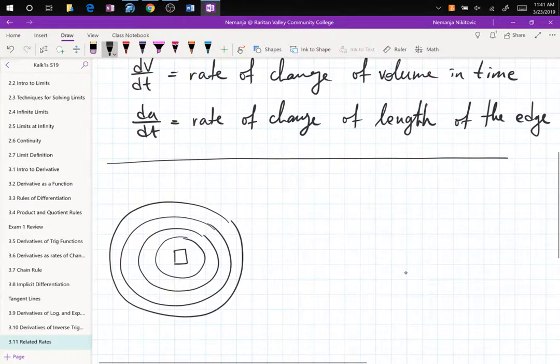In time, the longer you wait, the more cleanup you have to do, because it spreads. And it doesn't spread linearly either, right? It's because the circle on the outside has a bigger area in this ring than this ring, than this ring, right? So the more you wait, the worse it gets.